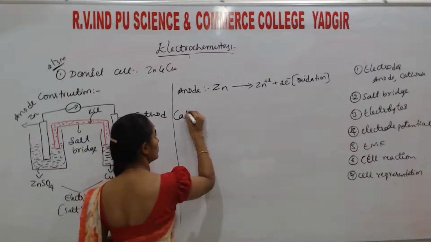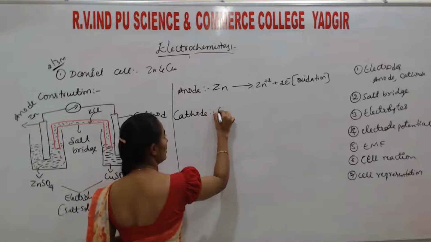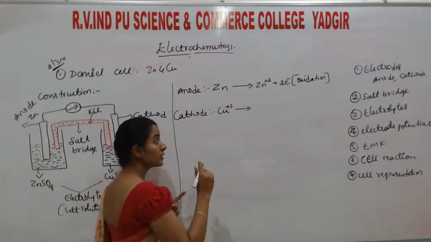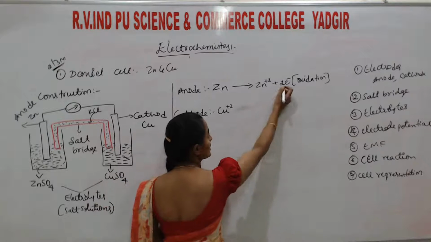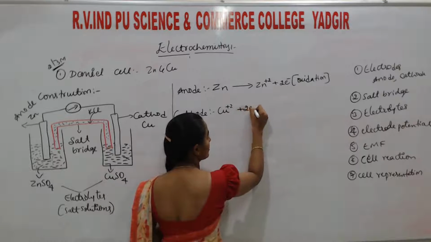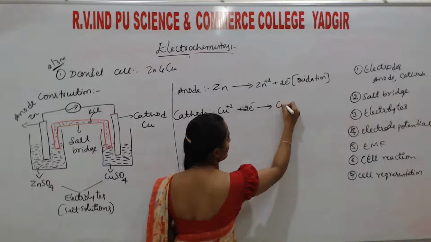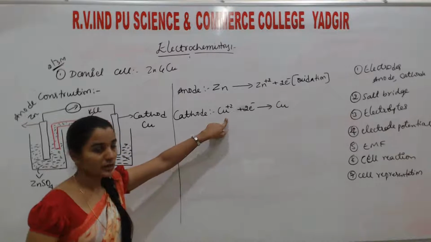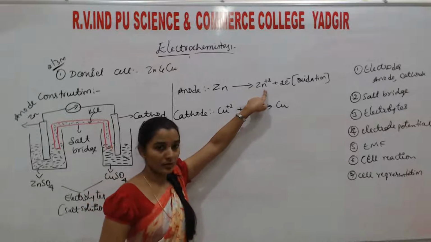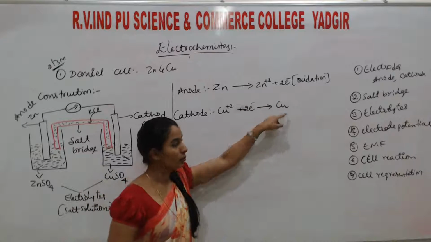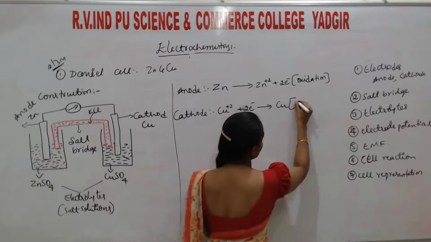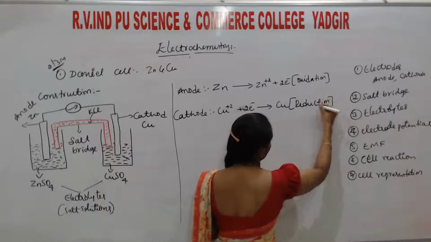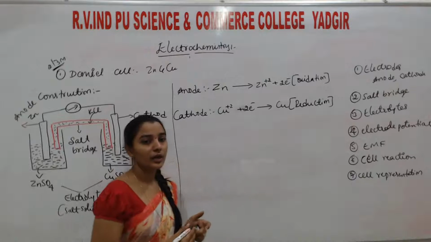Next, cathode. Here Cu plus 2 ions are there. The Cu plus 2 ions accept 2 electrons from this and form Cu. So gain of electron means reduction.